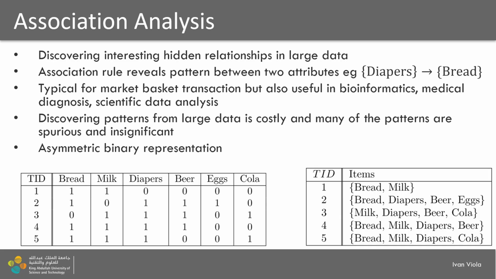So we can analyze data, for example, like this market basket transaction, where we have certain transactions and the content of the market basket, where we see that we bought bread and milk. Another transaction was that somebody bought bread, diapers, beer and eggs, and so on.